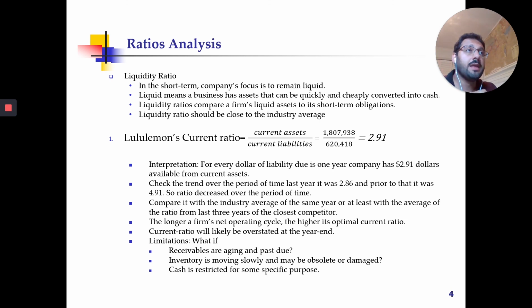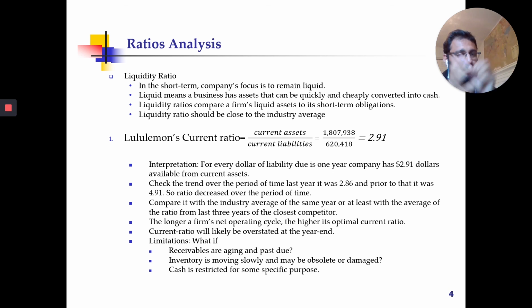First of all, what is the net operating cycle? The net operating cycle is the time from when the company spends the cash on the inventories until the company receives the cash from its receivables.